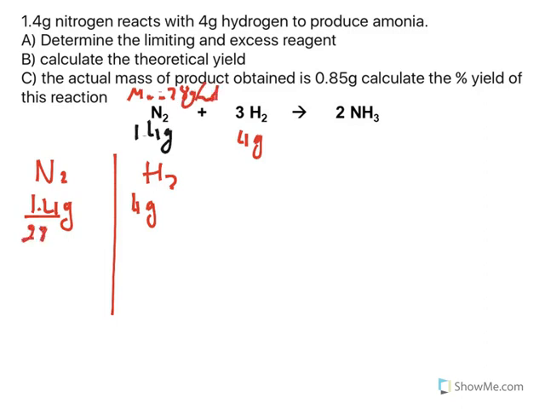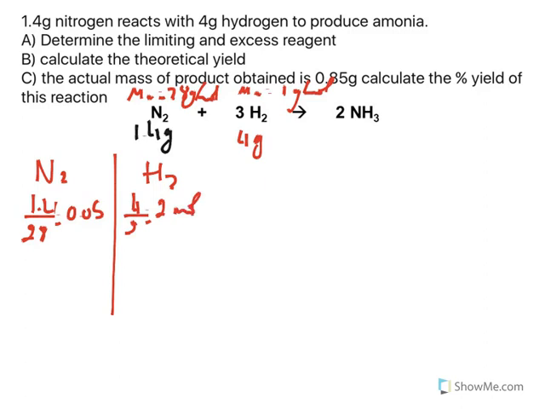So over 28, and the answer here is equal to 0.05 mole. Now, hydrogen, 4 gram, I will divide it by the molar mass of hydrogen, which is equal to 2 gram per mole. So over 2, the answer is 2 mole.